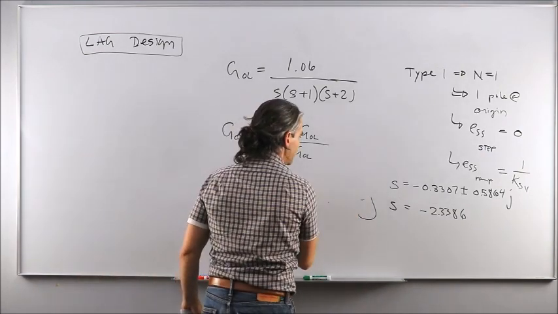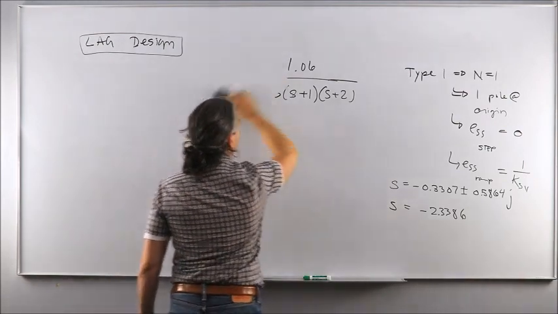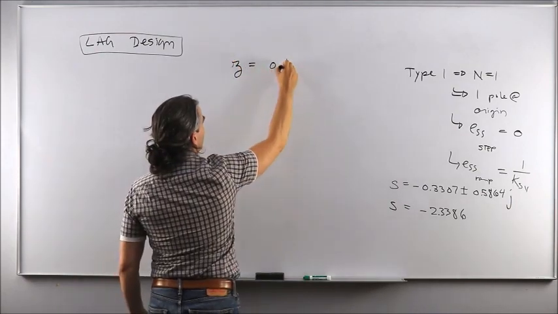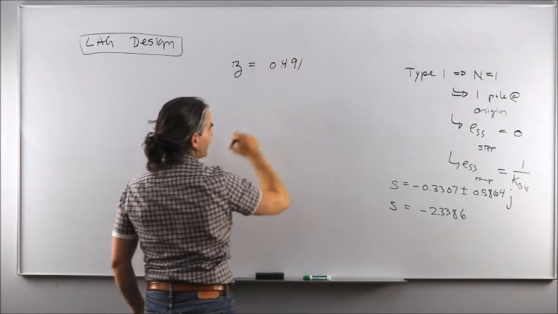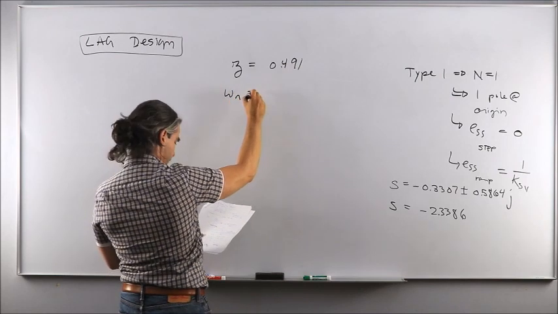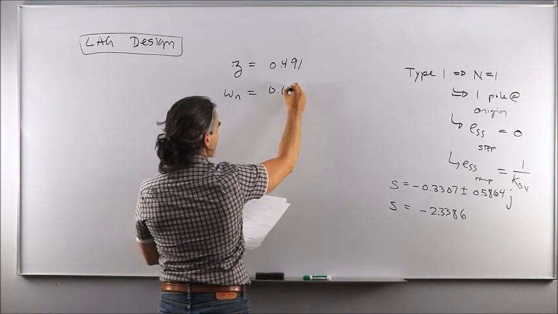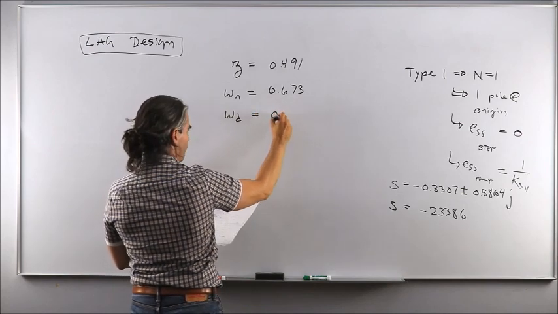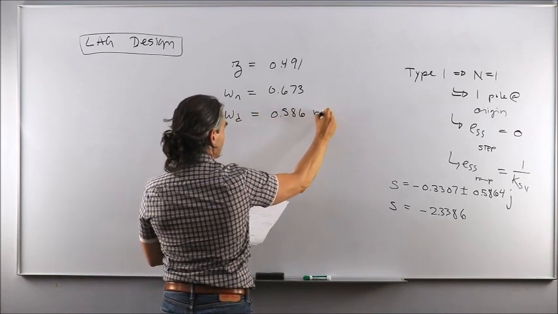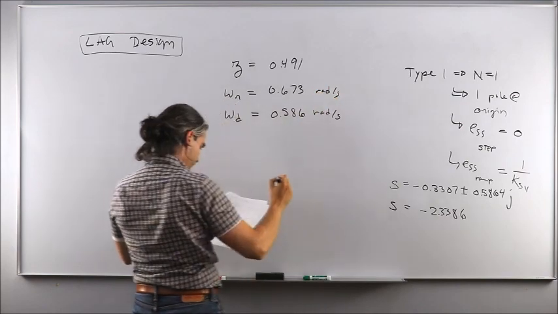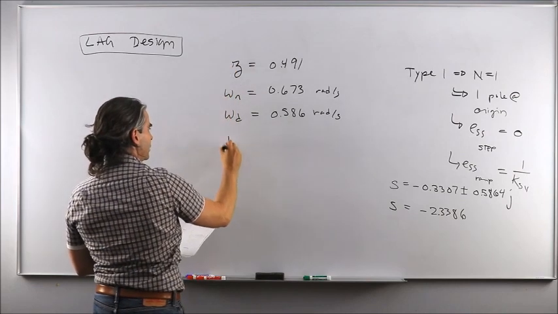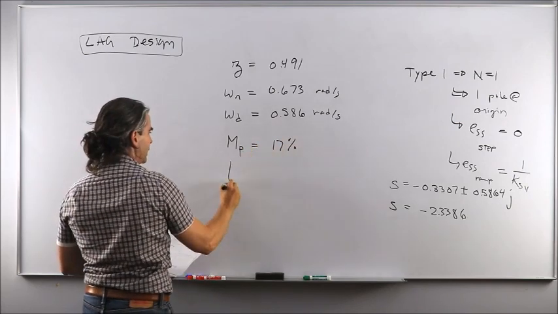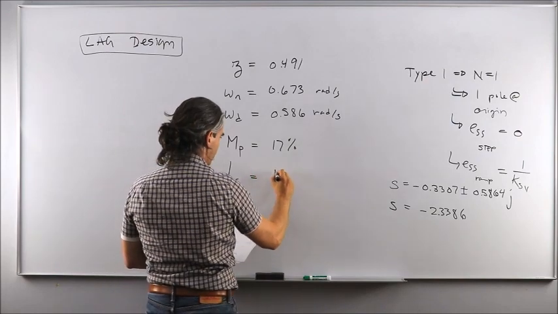Based on that, we need to extract the characteristics ourselves: zeta would turn out to be 0.491, omega n equal to 0.673, omega d of 0.586 radians per second, which ultimately can be translated into transient time domain performance: Mp would be about 17%, and Ts, settling time at 2%, would be equal to 12 seconds.